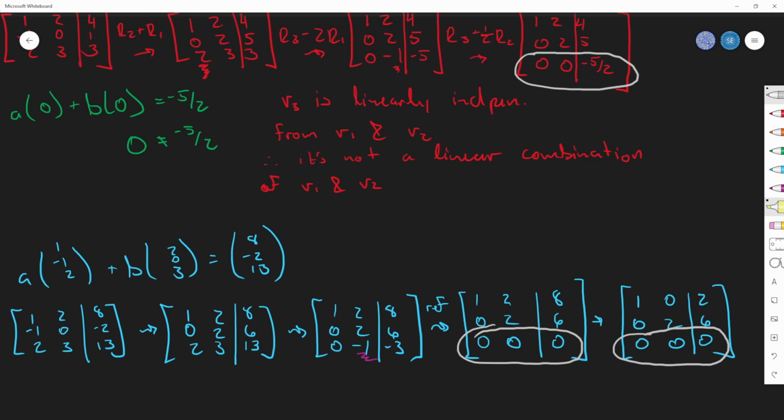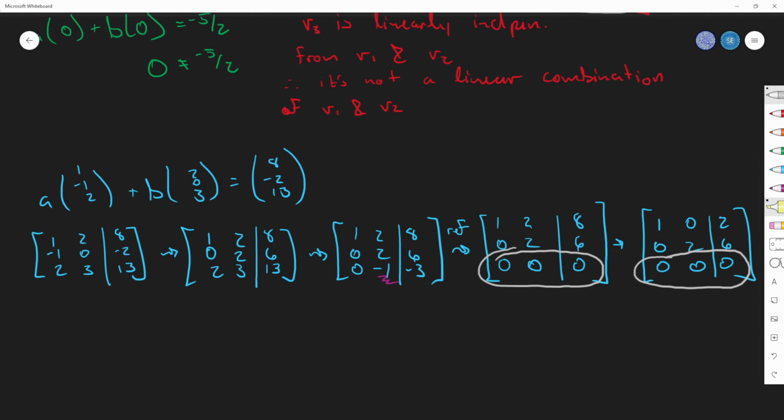a linear combination of the fourth vector, I guess.